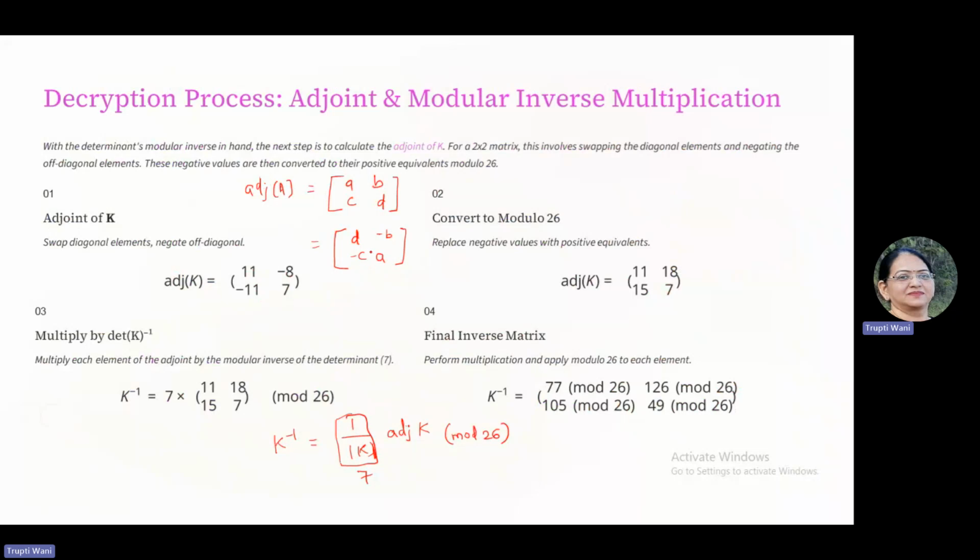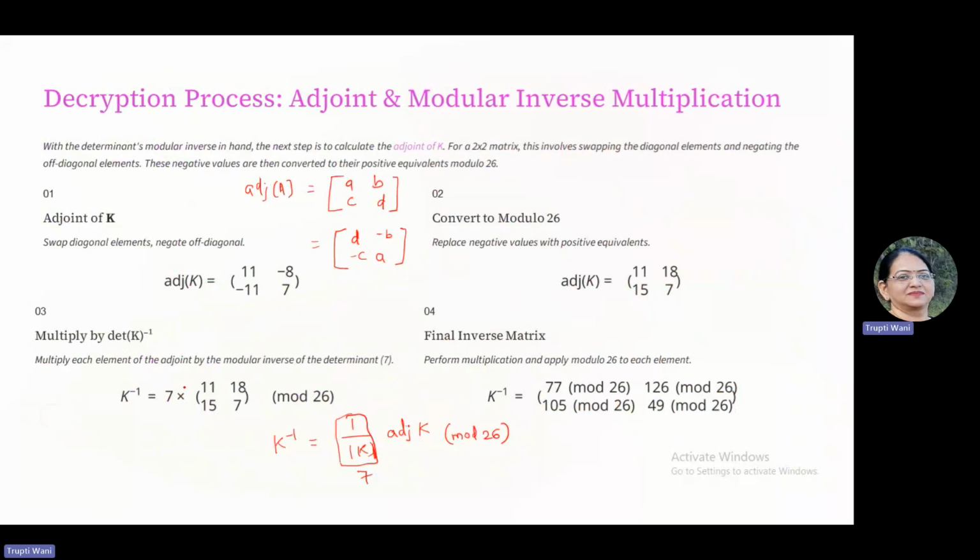So this is the adjoint. So adjoint of K becomes 11, 7 and minus 8, minus 11. Now make these numbers positive, so add 26 to them. So we will get 11, 18, 15 and 7.